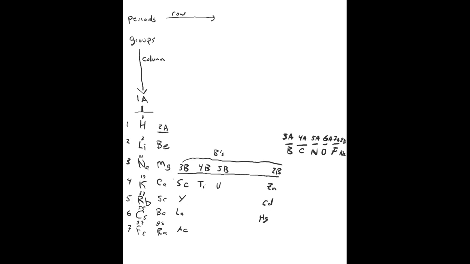So it goes 1A, 2A, skip all the B's, then 3A, 4A, 5A, 6A, 7A, and finally 8A. It can be a little confusing, but the advantage is you don't have to memorize it. All you need is to get yourself a copy of the periodic table, and you'll be set. Okay.